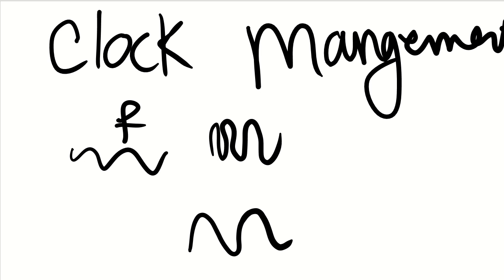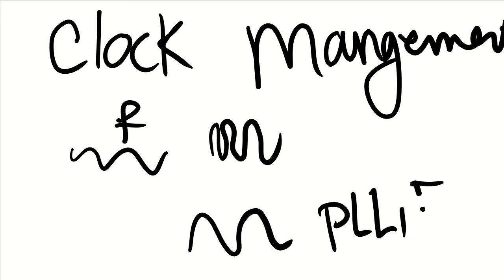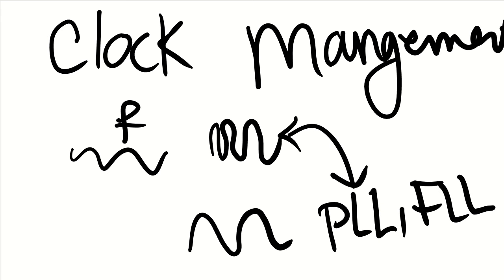So the way to do that, you have some clock management blocks. For example, I don't know if you have heard about PLL or FLL, these blocks are used to boost up frequency. Or if you want to rescale it, you can use rescalers. So that's another part of FPGA.